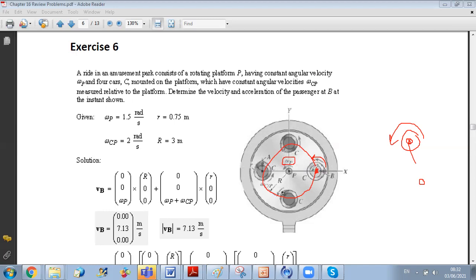And I can easily calculate its velocity because this is a circular motion. In circular motion, the velocity should be perpendicular to the radius.